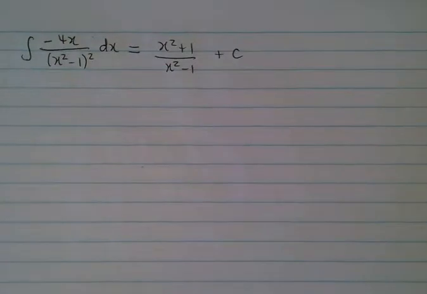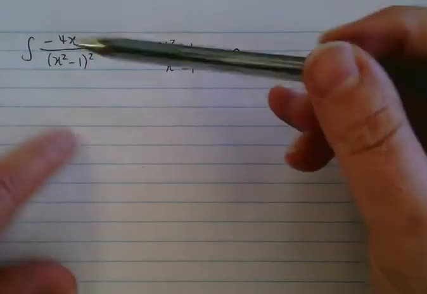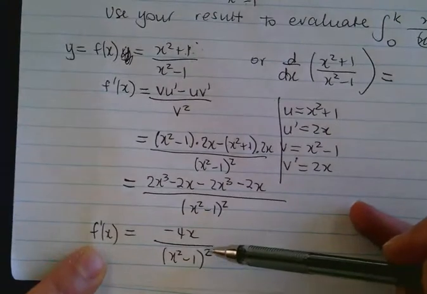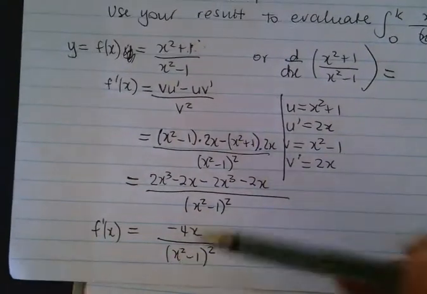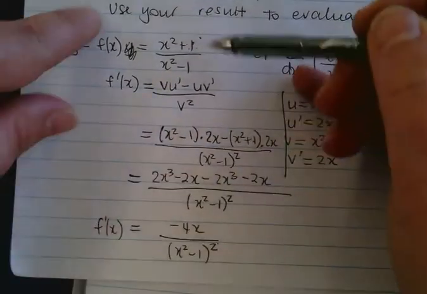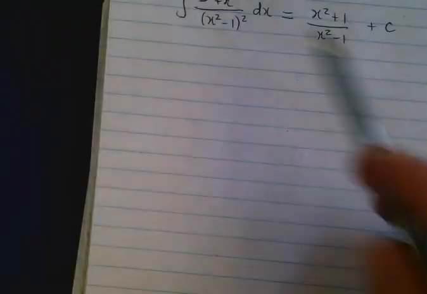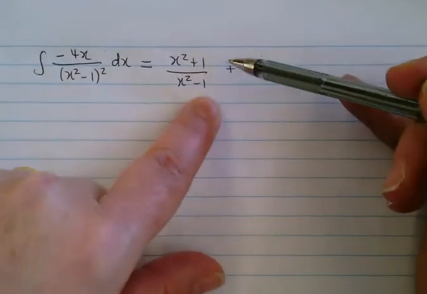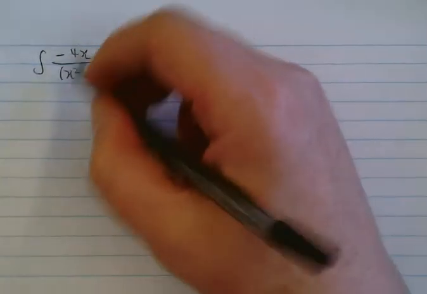Are you okay with that? In part 1, I know that if I differentiate this, I get that. So therefore, if I integrate this, I get that. We good? But I don't want to integrate this.